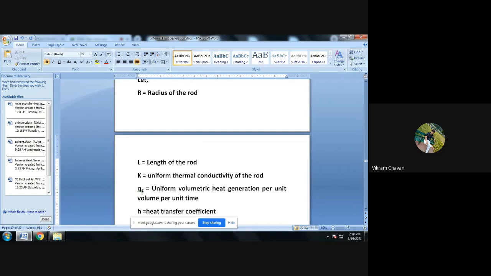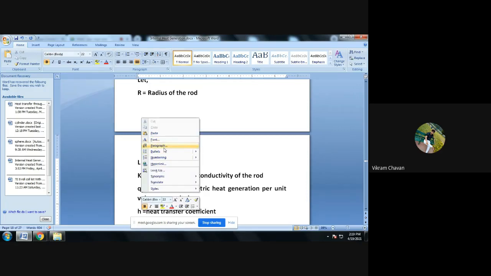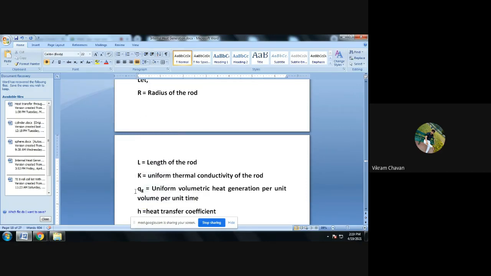Small q suffix g is equal to uniform volumetric heat generation per unit volume per unit time.